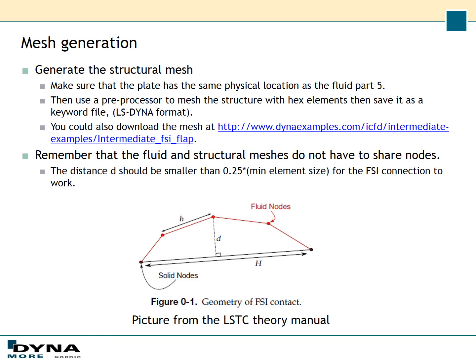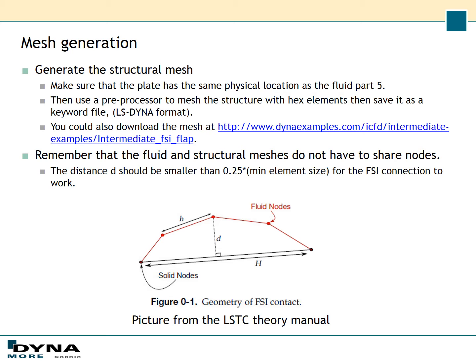Before we generate the structure mesh, it's important to make sure that the physical location or the coordinates of the structure model are the same as the fluid part 5, which is the plate in the CFD model. Otherwise the fluid structure interaction will not work.